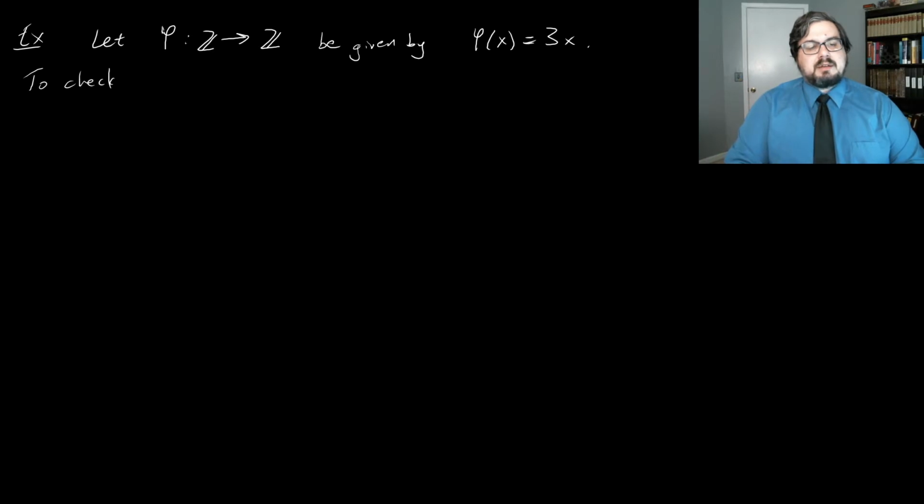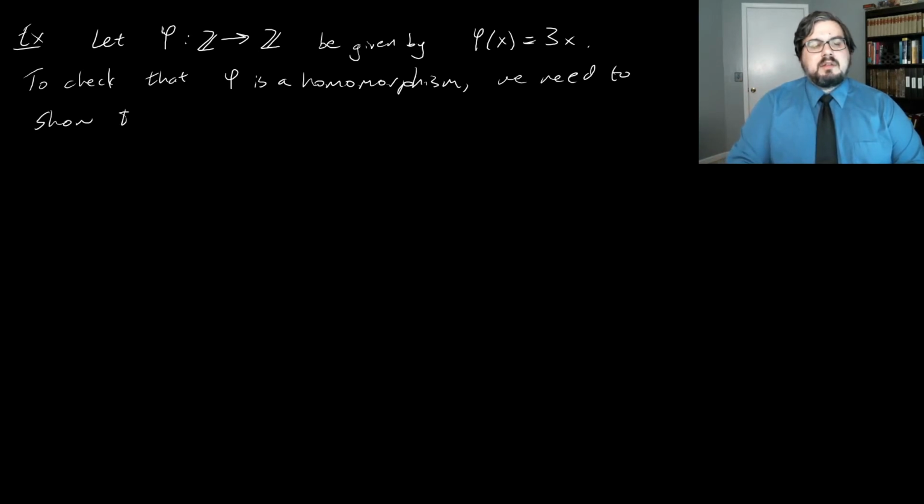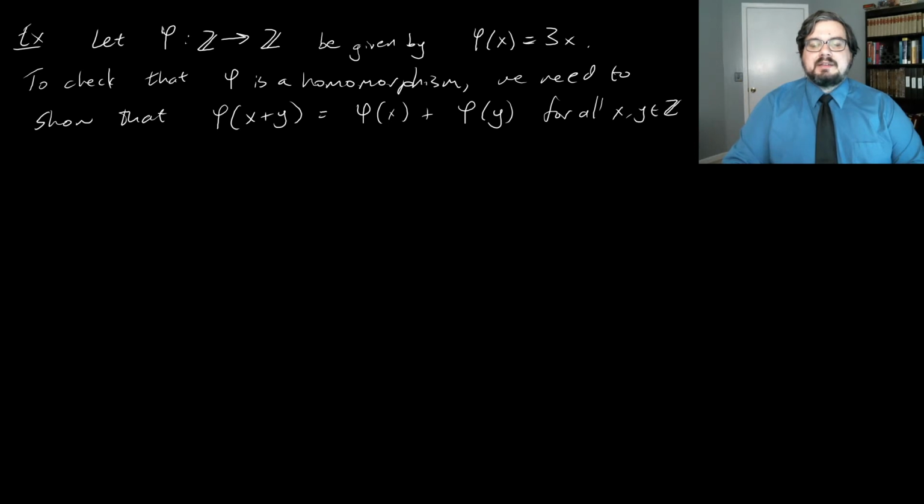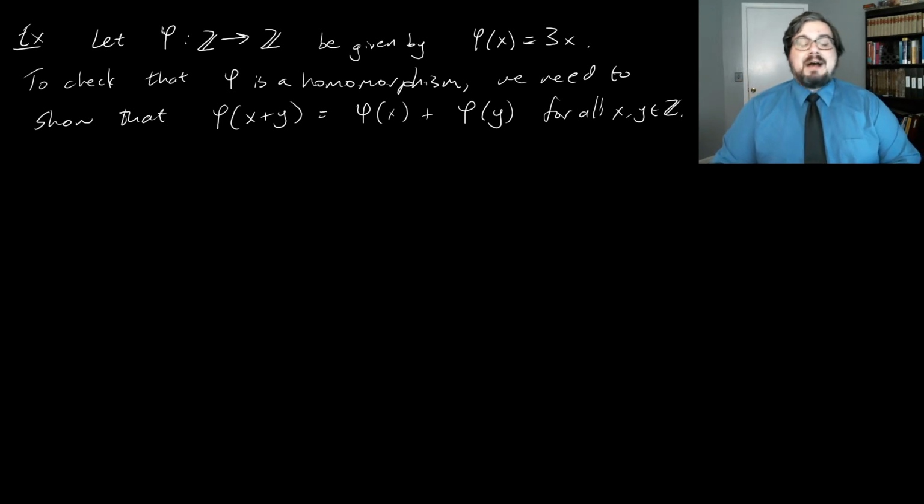To check that phi is a homomorphism, we need to show that phi of x plus y is equal to phi of x plus phi of y for all x, y in Z. Many times, this can be accomplished simply by evaluating either side of this equation and noting that we get the same thing out of it.